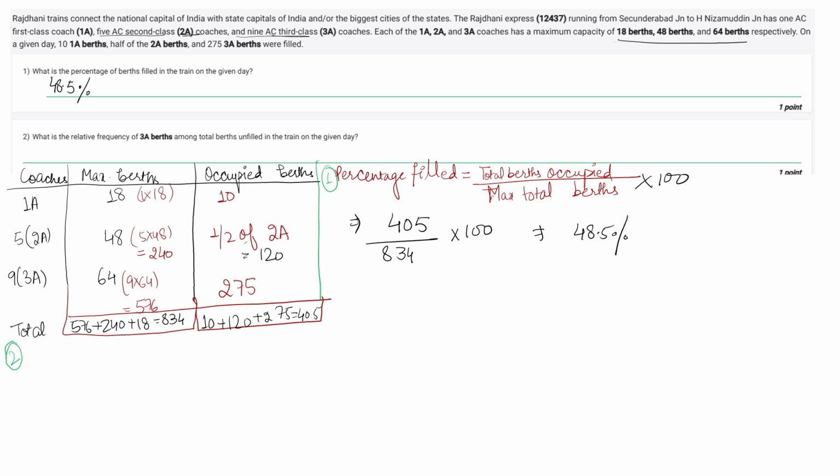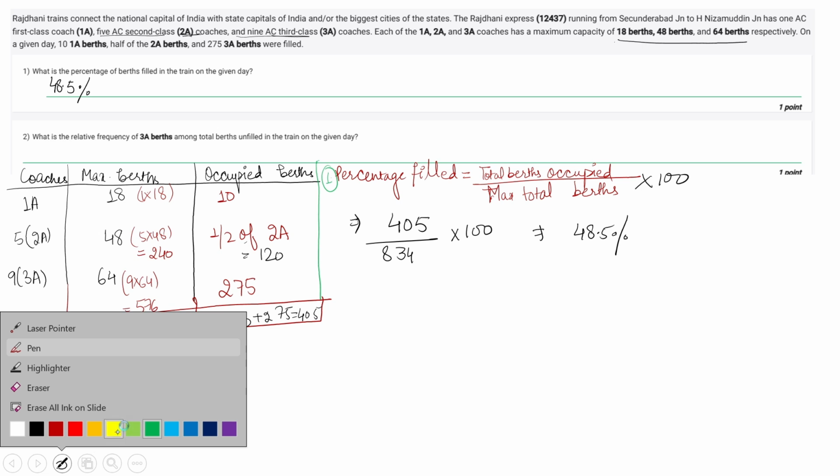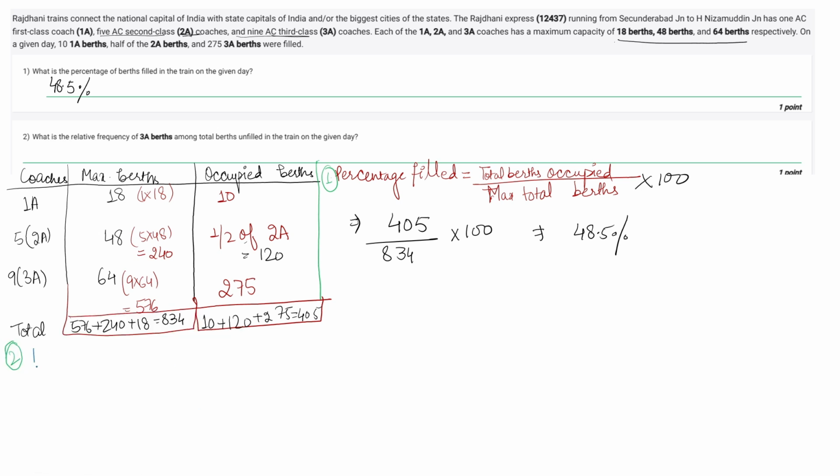So unfilled berths for 3A coaches is equal to total 3A berths minus occupied 3A berths, right?